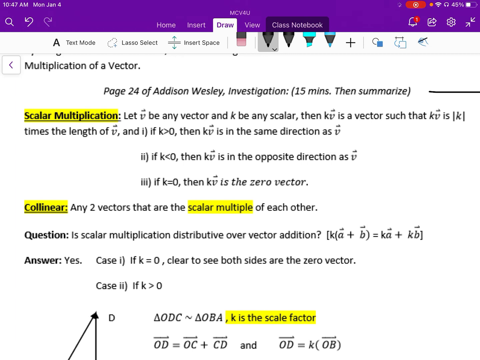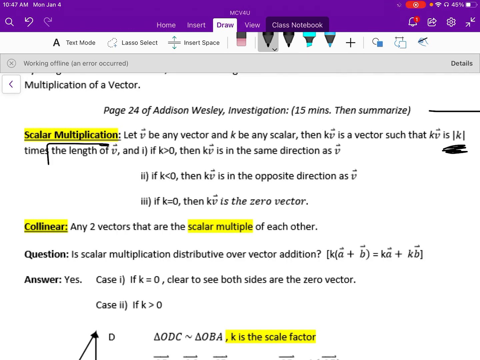If we have a vector v and a scalar k, then k times vector v is a vector such that the length of k vector v is the absolute value of k, so we just take a look at it regardless of what k is, negative, positive, or 0, times the length of vector v.